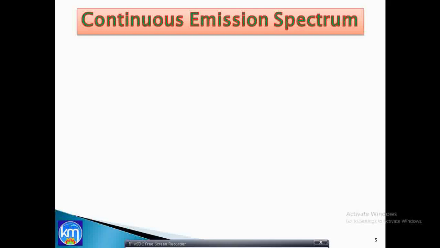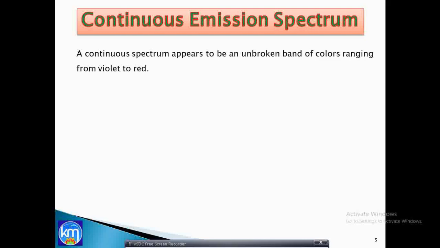If you come to the appearance, the continuous emission spectrum appears to be an unbroken band of colors which ranges from violet to red. As I said, there will be continuous emission of the light, without any demarcation between one color and another, and the colors that appear will be from violet to red.